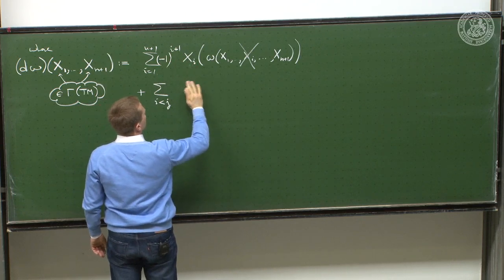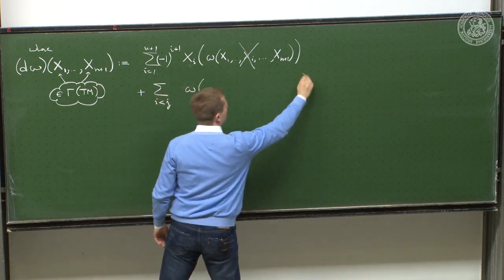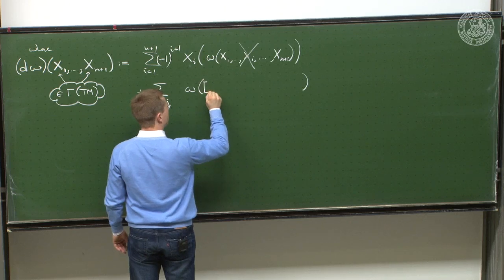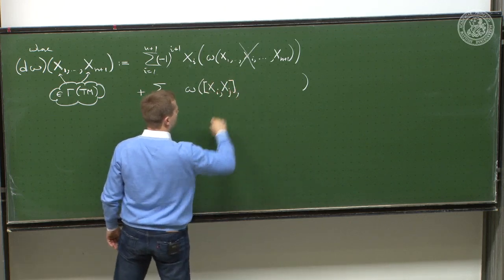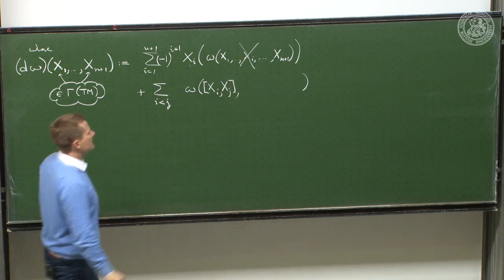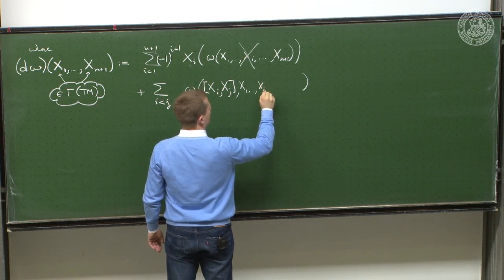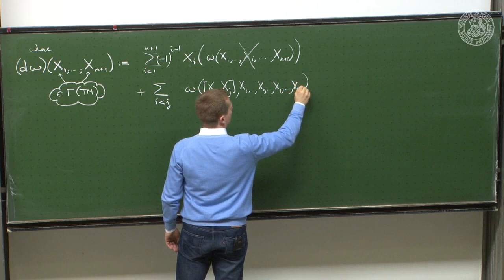And here I have the original omega, which can eat n vector fields, but the first entry I fill with the so-called commutator of two vector fields. I'll define that in a second. And then the remaining ones, x1, 2, then there is the ith one, then there is the jth one, and then there's the n plus 1th.